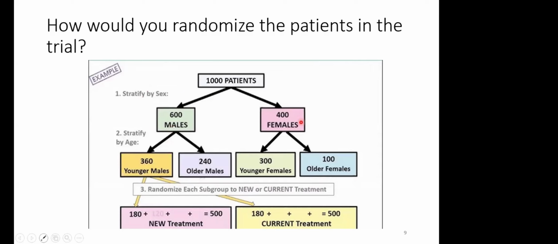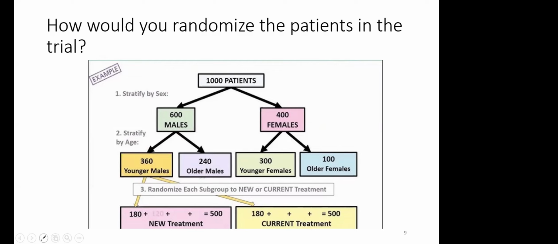So we have males and females. And then after that, they're stratified by age. So into younger males, younger females, older females. And then from each group, we now randomly, using just a random method, pick random members from this strata and categorize them into either the intervention or the control group.